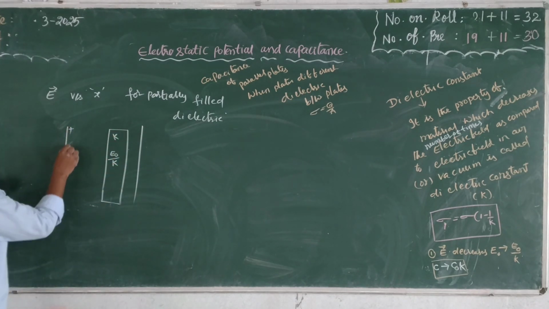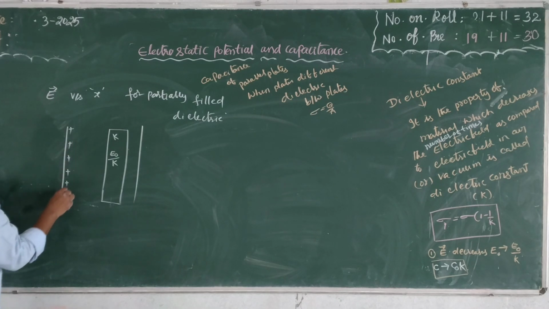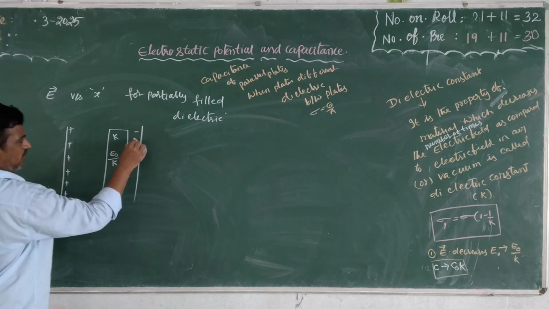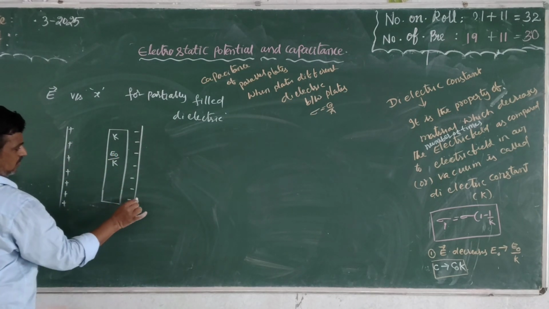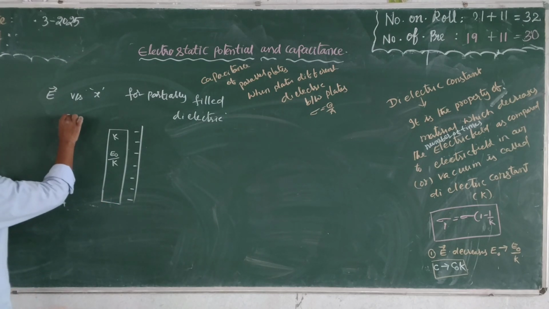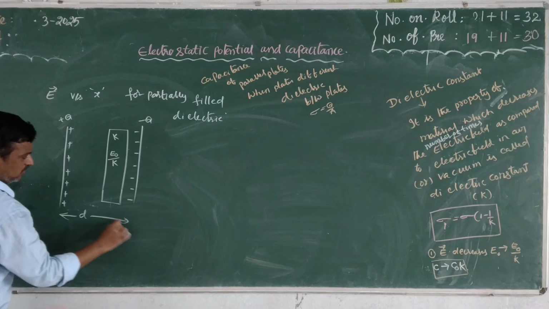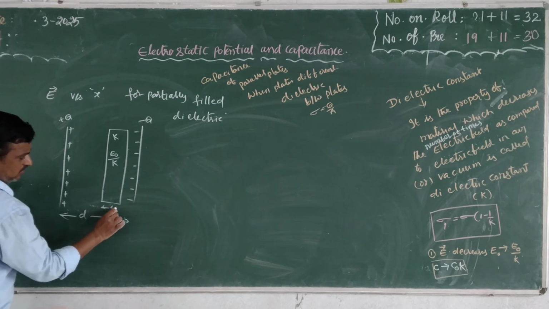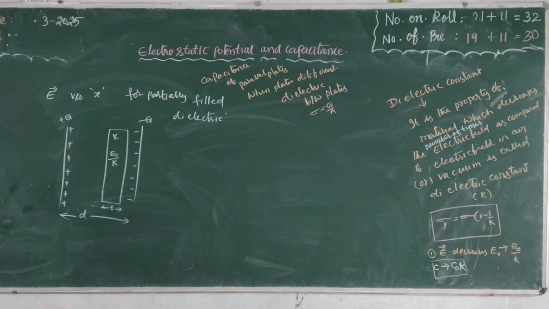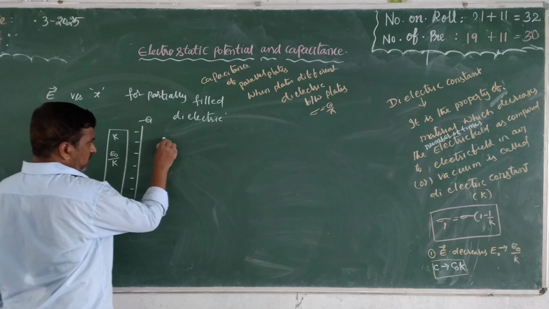Here plus, here minus. It is plus Q, it is minus Q, the distance between them is D, and the thickness of the dielectric is T. In this case, what is the change in potential?